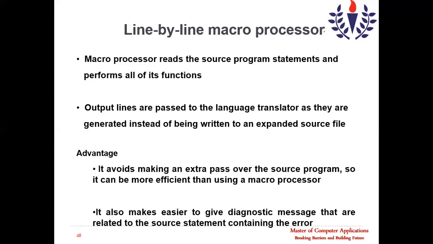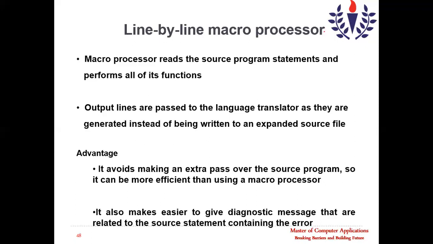What are the benefits? The extra pass over will be reduced, like we need not go again to the source file; that source file will be given directly to the language translator. Data structures required by macro processors and language translators can also be combined.